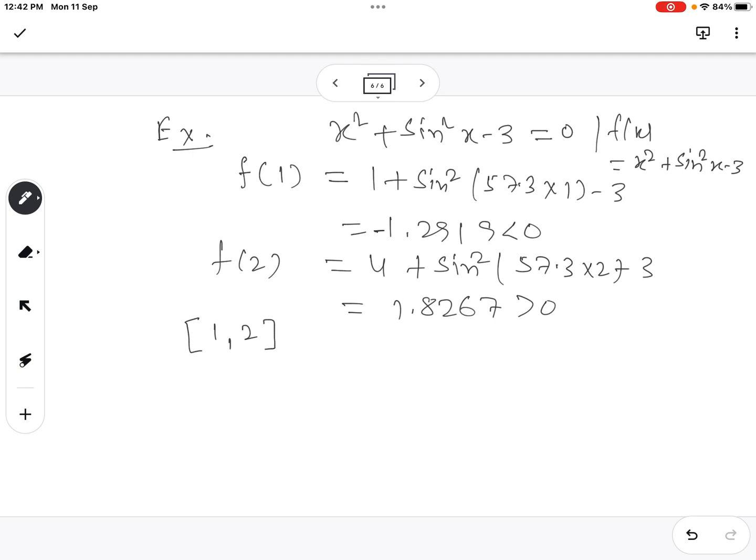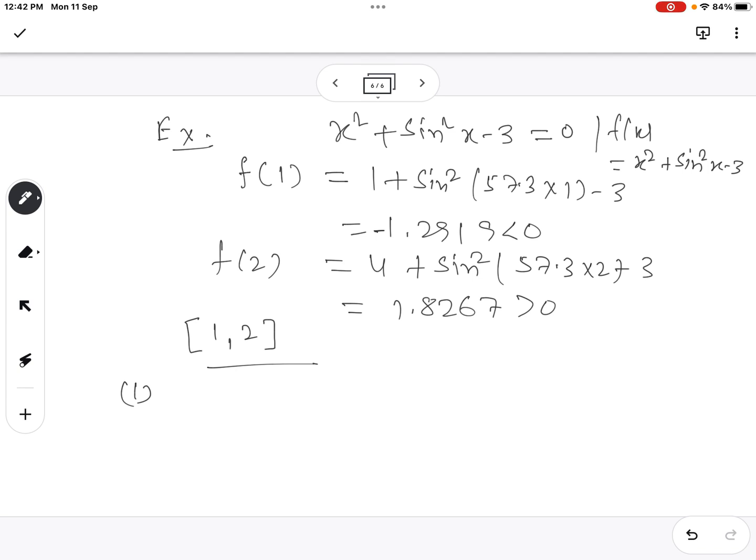Once I have found out in what region the root lies, let us start. First of all, we need to write the equation in an appropriate form which converges to the root.